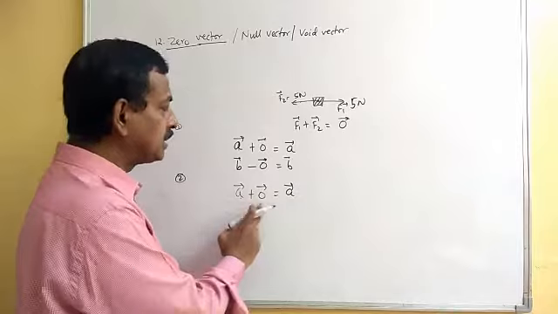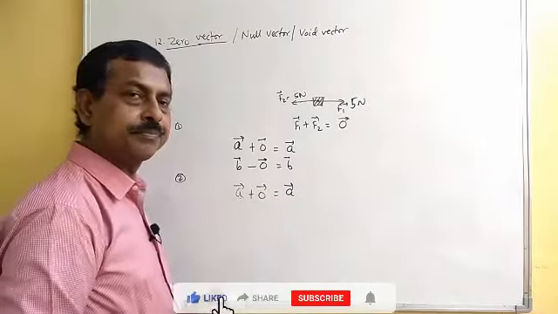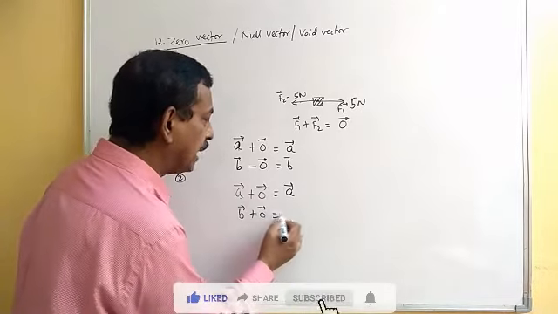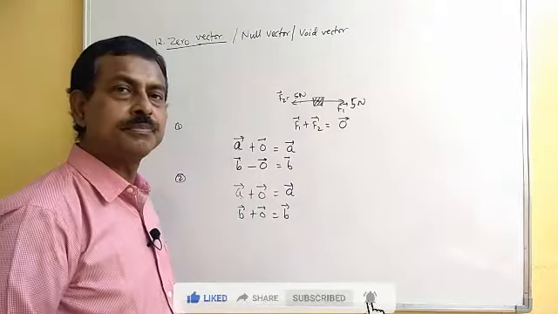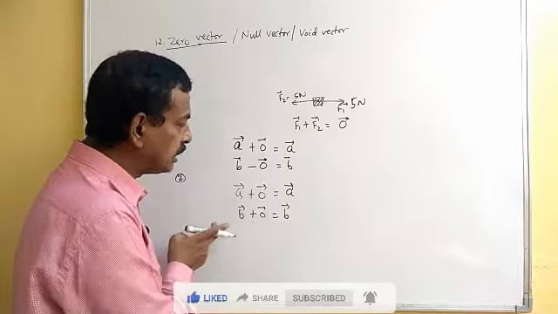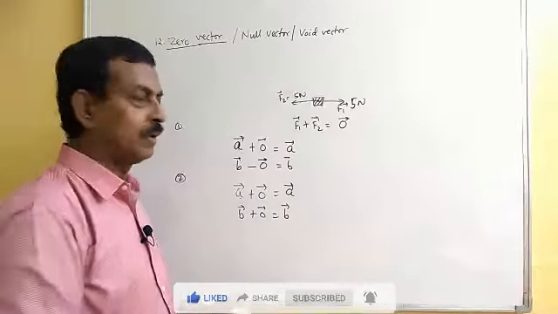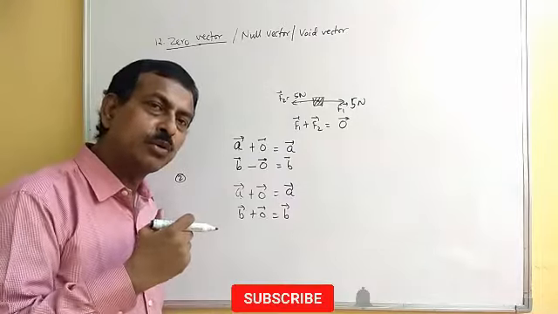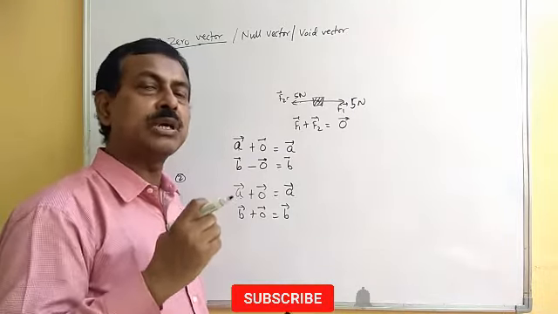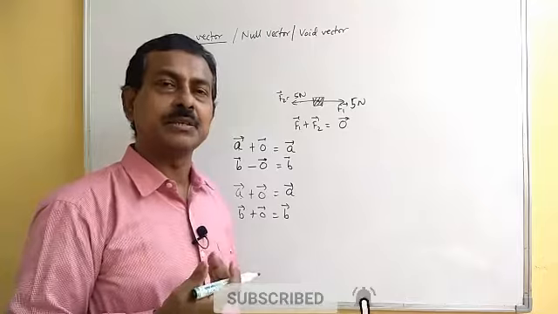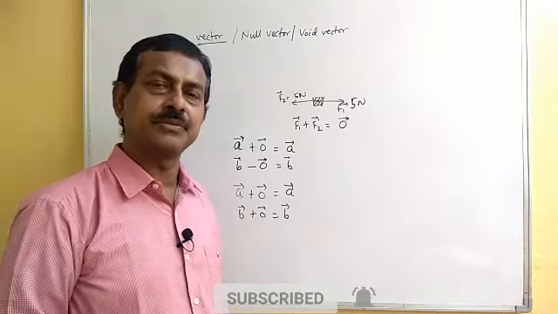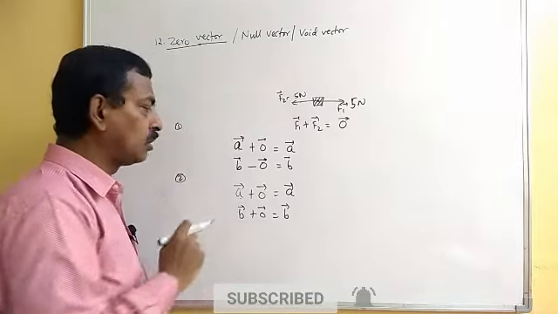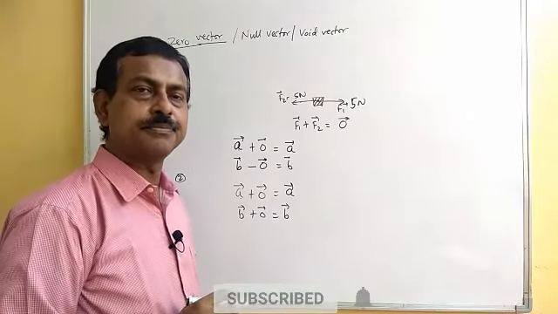So here it will indicate the zero vector is in the direction of vector A. If I now take vector B and add the zero vector to that, it will remain vector B. So this will indicate that the zero vector is in the direction of vector B. A and B may be in different directions. So what can we conclude from that? The zero vector does not have any specified direction. It can act in any direction. That is the second property of the zero vector or null vector.